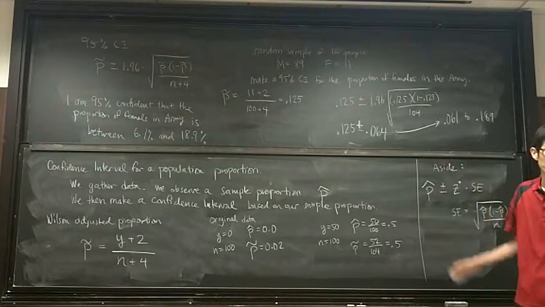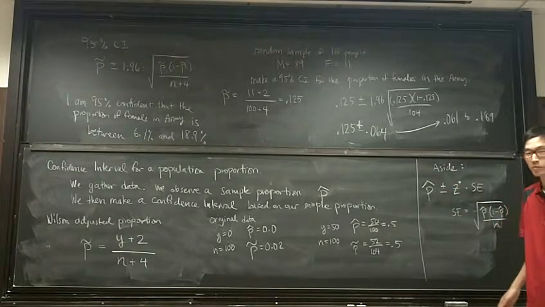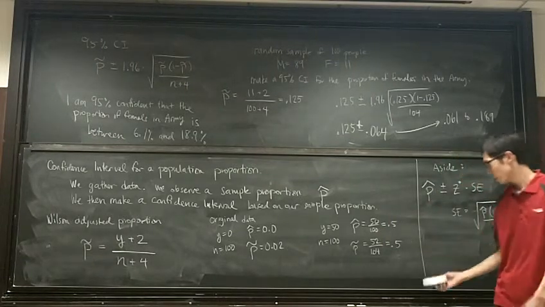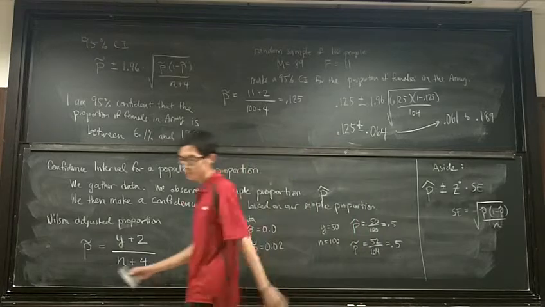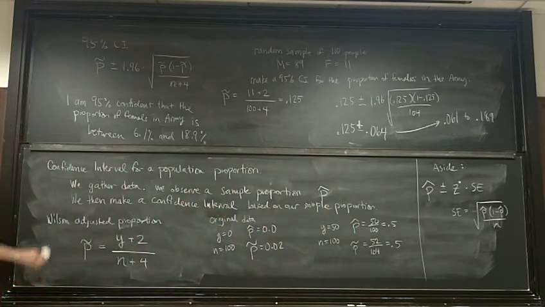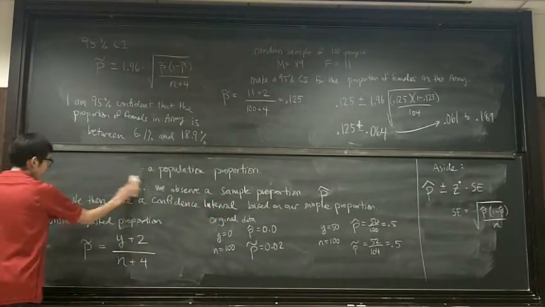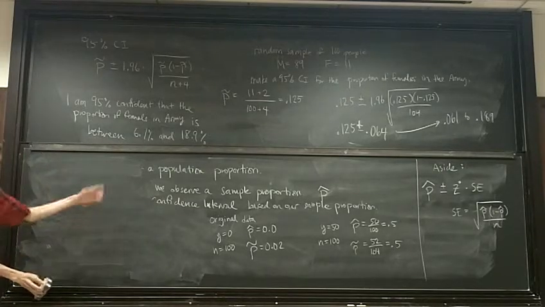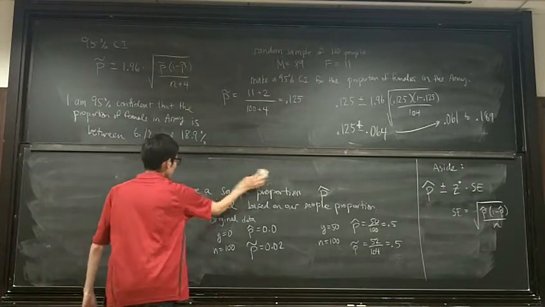And that's it. Okay, so that's for confidence intervals. It's pretty straightforward, and I think we've talked about confidence intervals enough. So it's just a new process, but this time it's dealing with proportions. Okay.